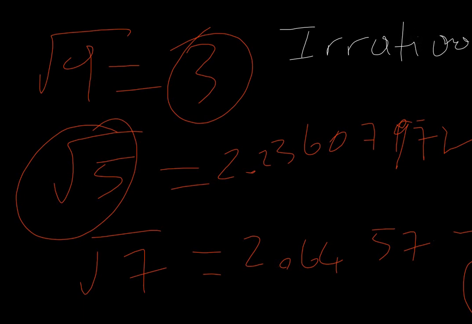So irrational numbers are numbers that have a non-terminating decimal. It also cannot really be represented as a rational number. So whenever you have decimals that are non-terminating, we refer to them as irrational numbers.